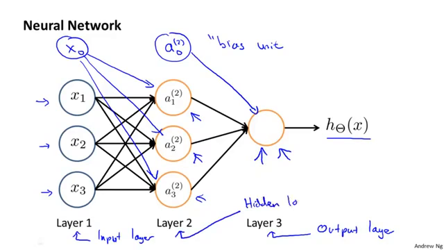The term hidden layer isn't great terminology, but the intuition is that in supervised learning, you get to see the inputs and the correct outputs, whereas the hidden layer values you don't get to observe in the training set. It's not x and it's not y, so we call those hidden. Later on, we'll see neural networks with more than one hidden layer, but in this example, we have one input layer, layer 1, one hidden layer, layer 2, and one output layer, layer 3. Basically, anything that isn't an input layer and isn't an output layer is called a hidden layer.